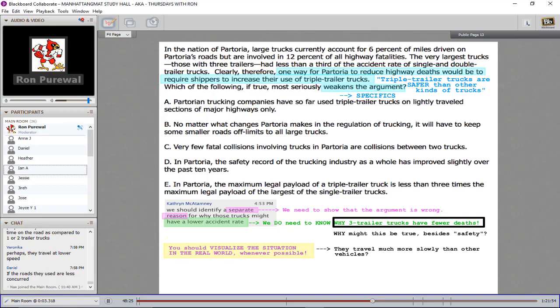Also, I'm sure you can't really drive them in metro areas. You can't go into cities or other congested areas with lots of traffic.